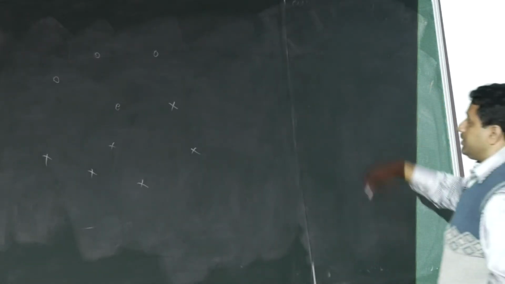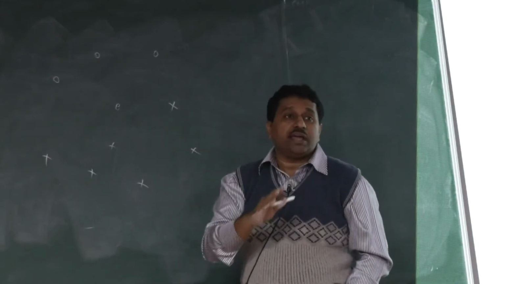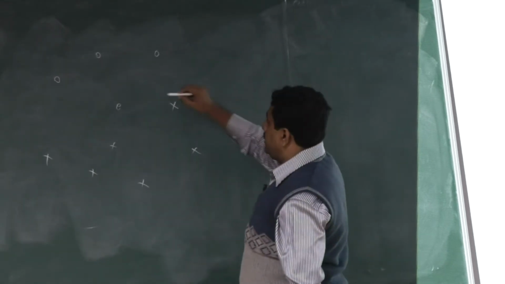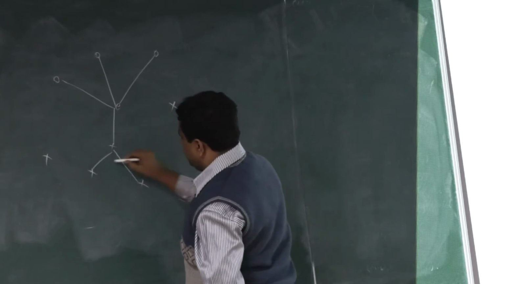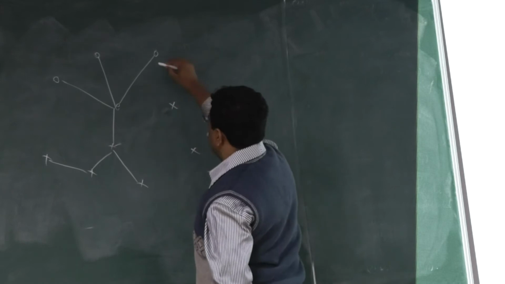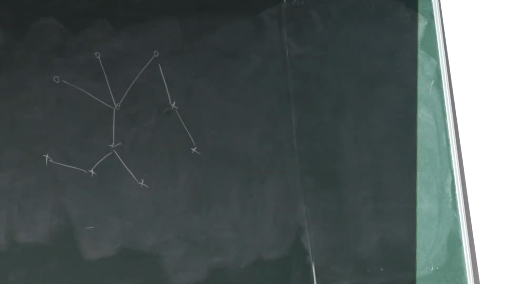I have a complete graph on this many vertices, and from that complete graph I will be choosing those n plus n minus 1 edges to get the minimal spanning tree. Suppose this is the minimal spanning tree that I have.